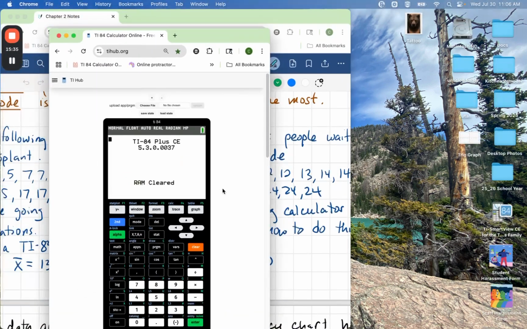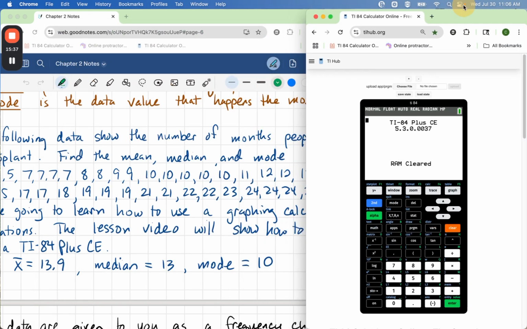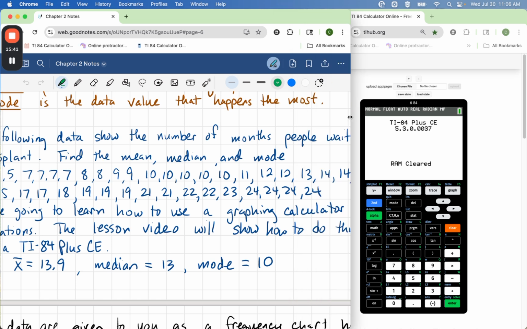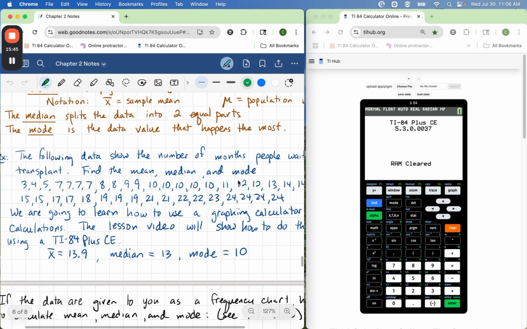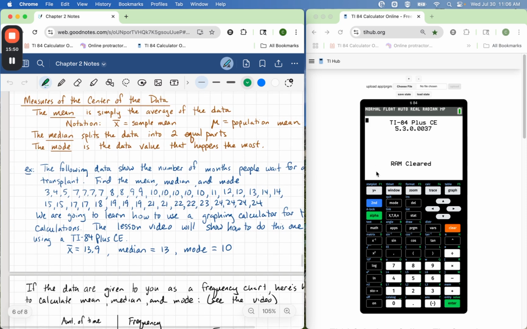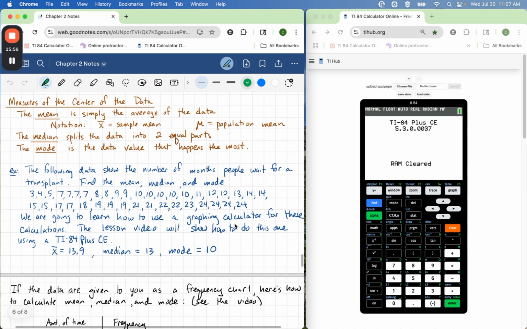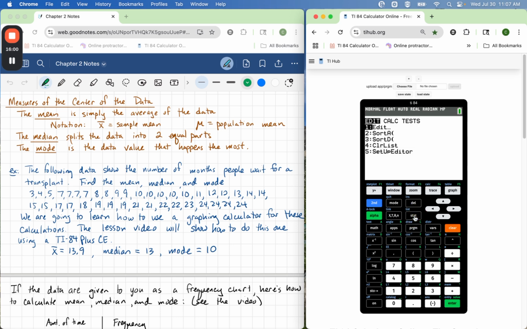Now let me try to split it so I can look at the data and my calculator at the same time. Here we go. Hopefully you could still see that. And I am going to put that data into a list. So here are the steps that we're going to use. You hit the stat button and then enter on edit.